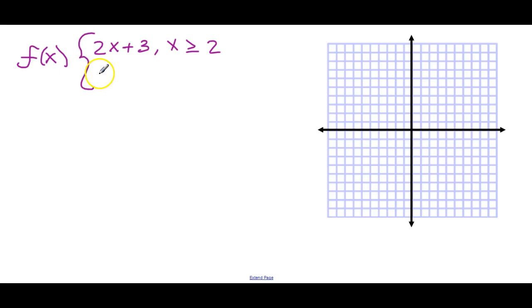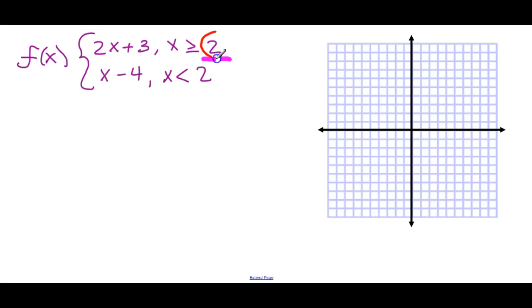And then we'll also have one where it's x minus 4 when x is less than 2. One of the ways we're going to deal with this, because I want my starting point, is to take my x value and plug it in for my equation.